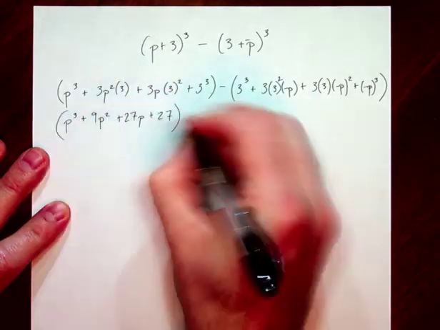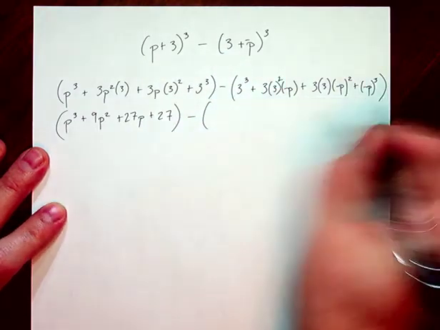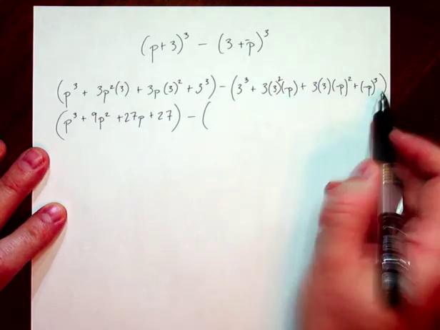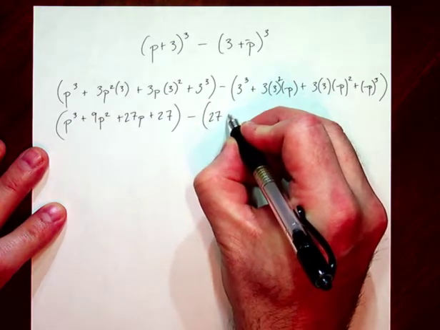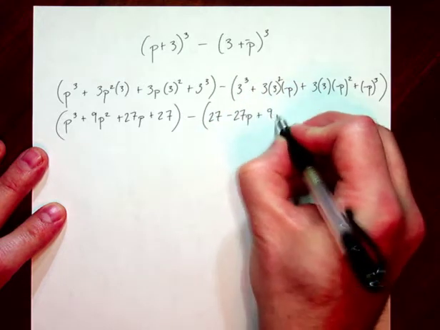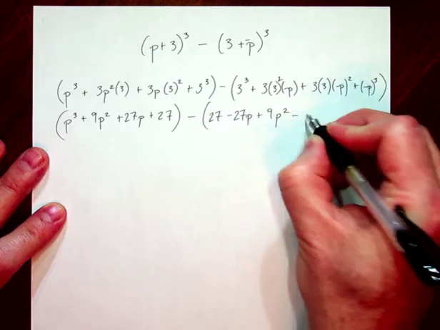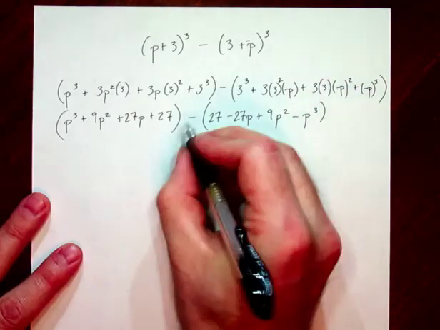And we'll go ahead and not distribute the negative just yet. I don't want to lose negatives when I'm trying to simplify this negative p to various powers. Yeah, minus 27 minus 27p plus 9p squared minus p cubed. Okay. Now, let's go ahead and distribute.